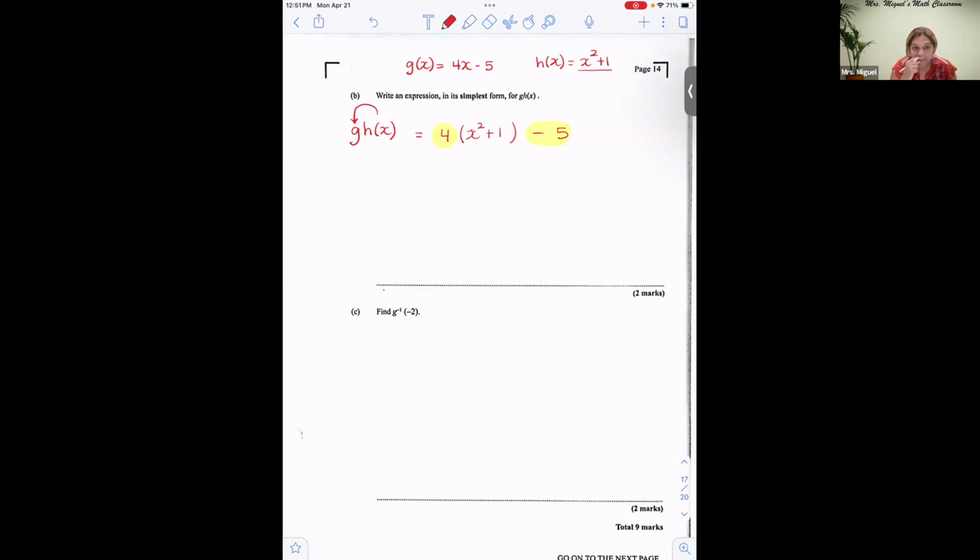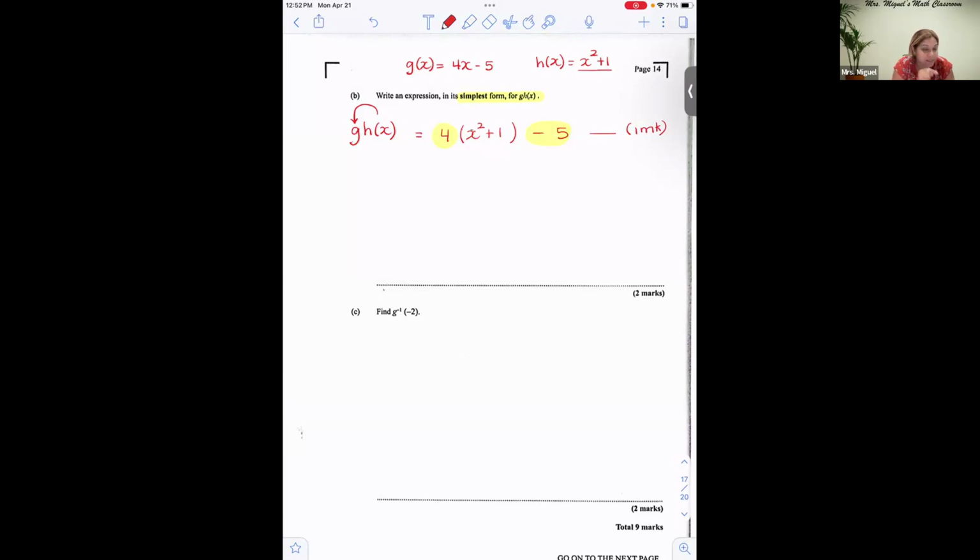Now, look what the question asks, because CXC knows the majority of children could get that. But they ask for the simplest form. So if you put that and you go on to part C, the examiner will give you 1 mark because that is not in the simplest form.